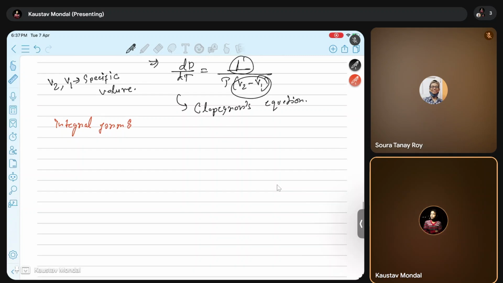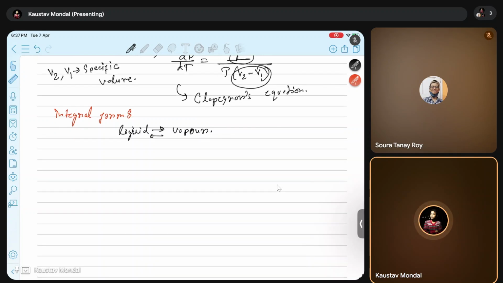So let's suppose a transition from liquid to vapor phase, and vapor to liquid phase, is happening. What happens is that the specific volume of the vapor phase is much higher than that of the liquid. When water goes from liquid to vapor, its specific volume gets much increased from its liquid form.